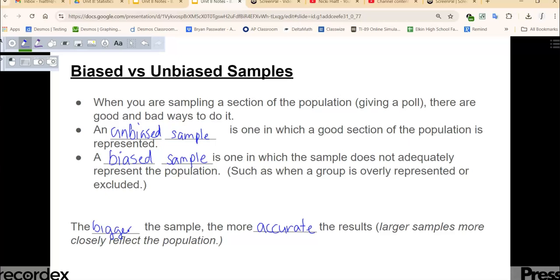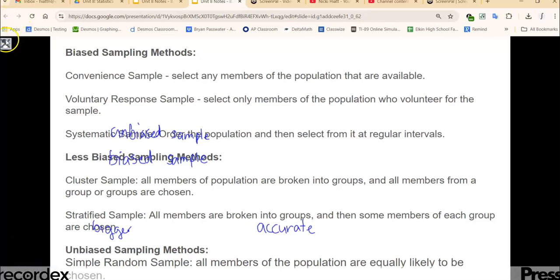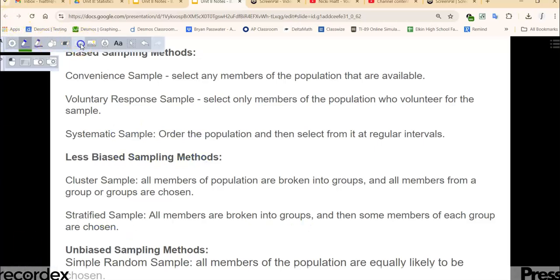If you only ask 10 people a question versus asking 1,000 people, you're not going to get as good of a result with that smaller number. So let's look at some things that can cause our sampling methods to be biased. So there are several that are going to cause very biased results. A convenience sample is whenever you select any members of the population that are available to you.